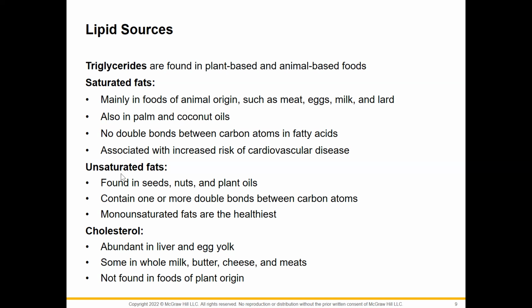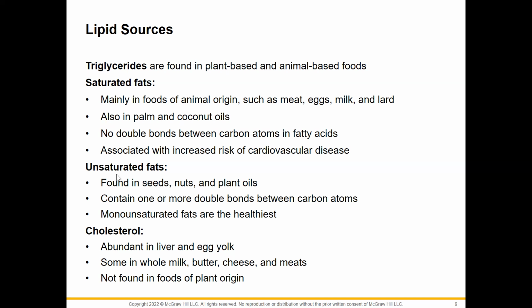Unsaturated fats are those that are found in things like seeds, nuts, oils that come from plants outside of coconut and palm. So, like your avocado oil, your olive oil, those types of plant oils, all of those have unsaturated fats. And basically, what we mean is that at least one of the bonds between carbon molecules are actually double bonds.